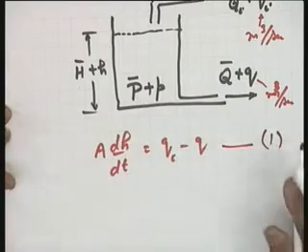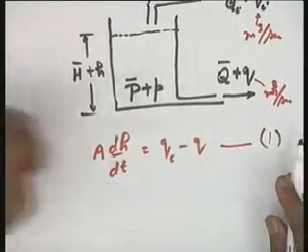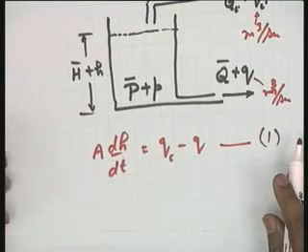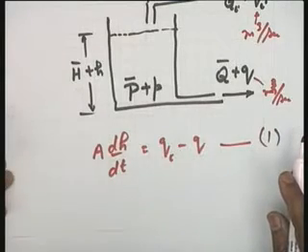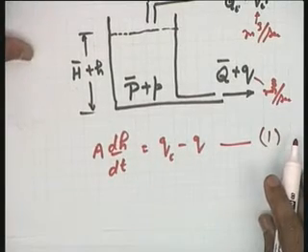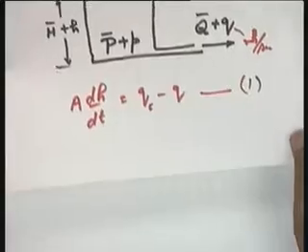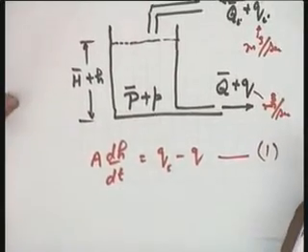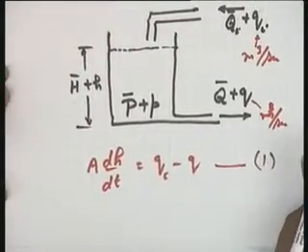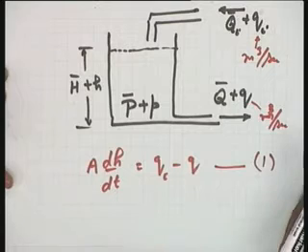I will simply manipulate this equation to write my mathematical model in a suitable form convenient to me. Okay? Now, to make it more convenient, first of all I would like to define in this particular case also the concept of resistance and capacitance.